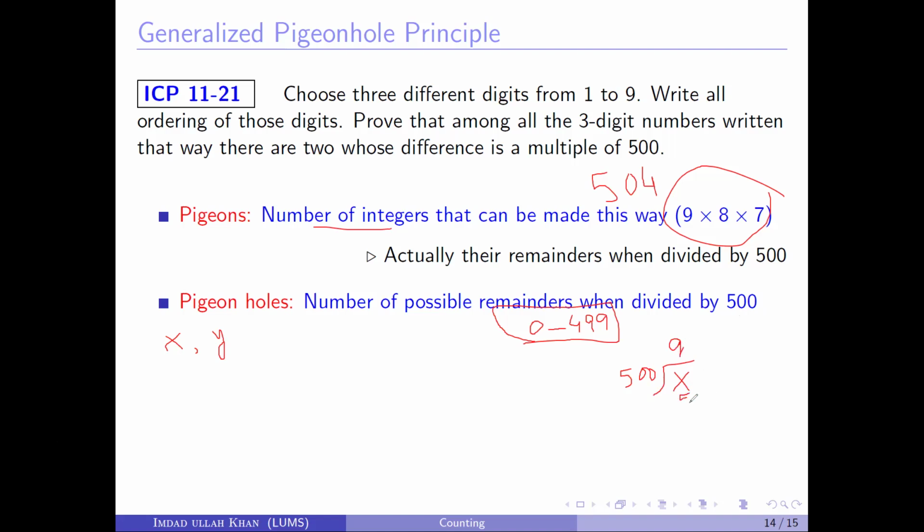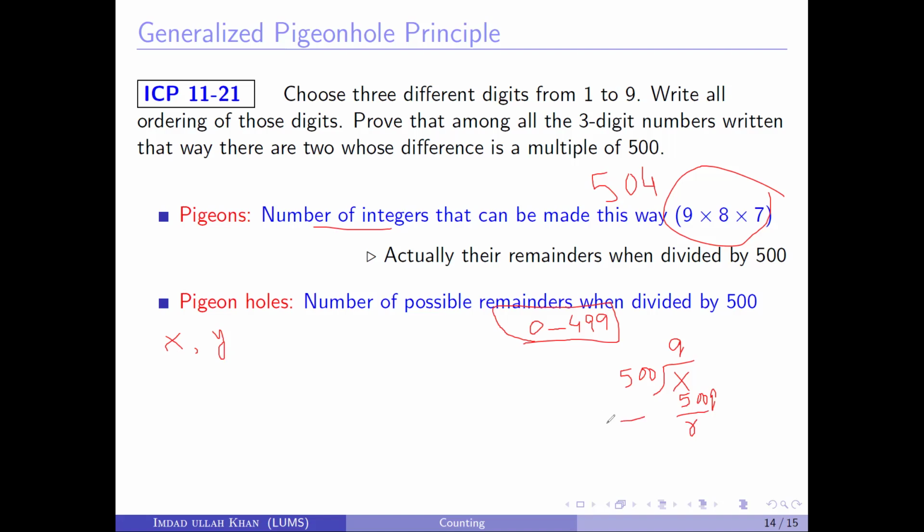So we'll have 500 q over here, and we'll subtract it and we'll get a remainder. So the possible remainders have to be from 0 to 499. Because our numbers are more than the possible remainders, which can be generated as pigeons, there should be at least two integers, x and y, which will be sharing the same remainder.